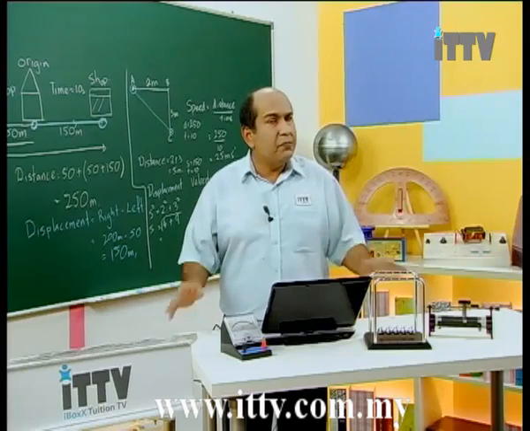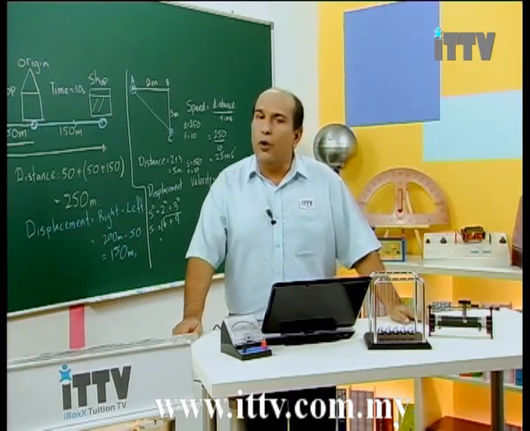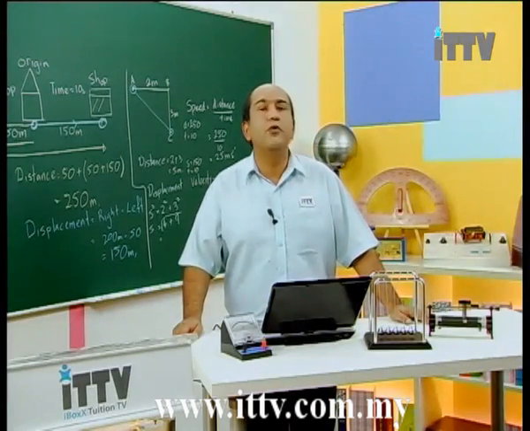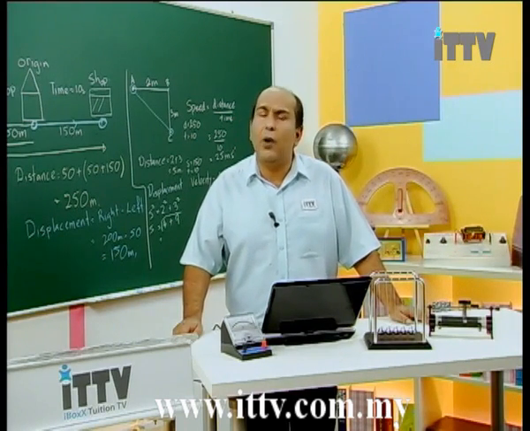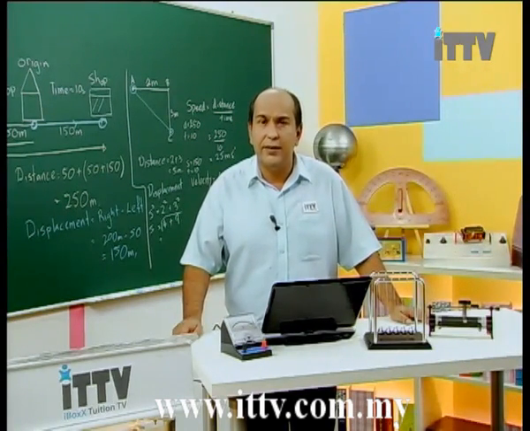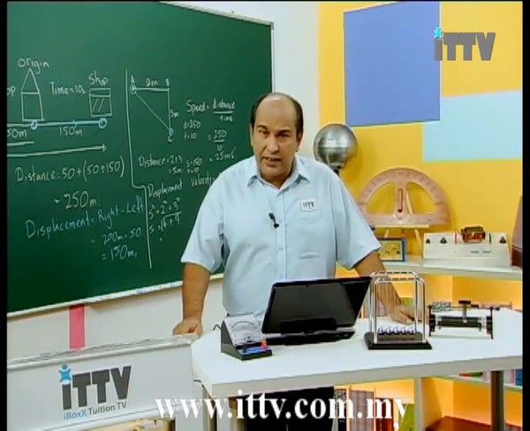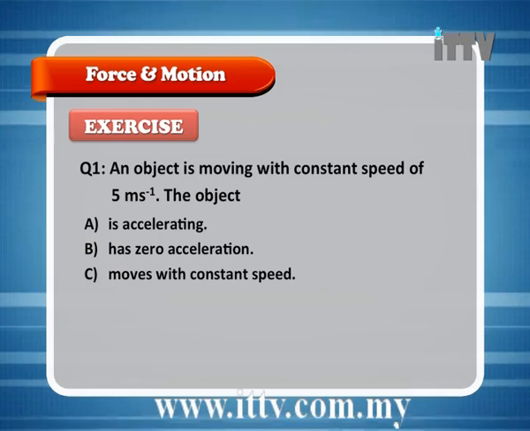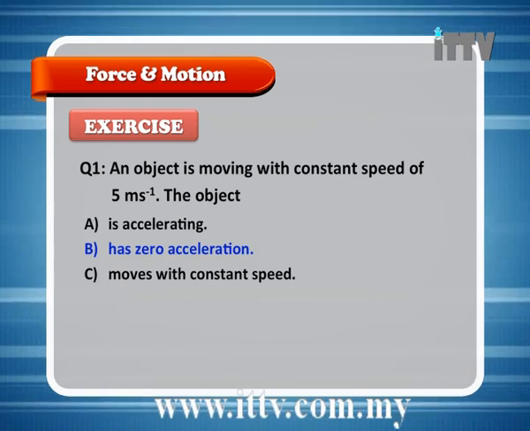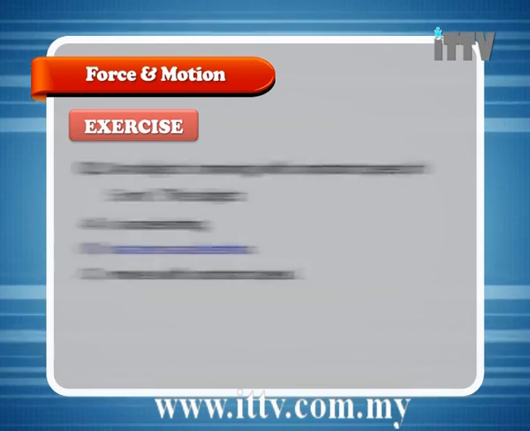If the speed doesn't change, normally an object is said to have no acceleration. Now, based on that, what would be your choice of answer? Have you selected one? Let's check. Answer B, has zero acceleration.